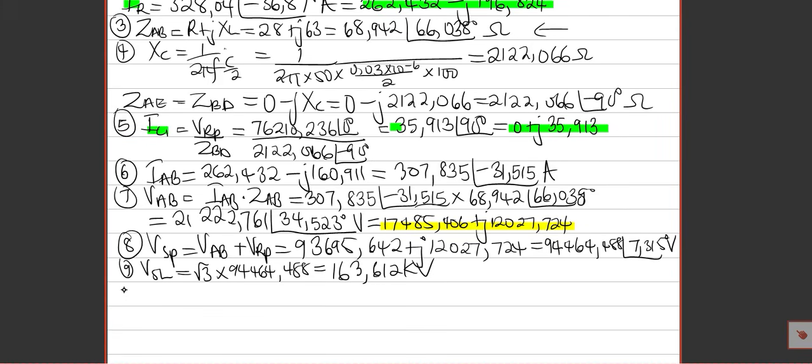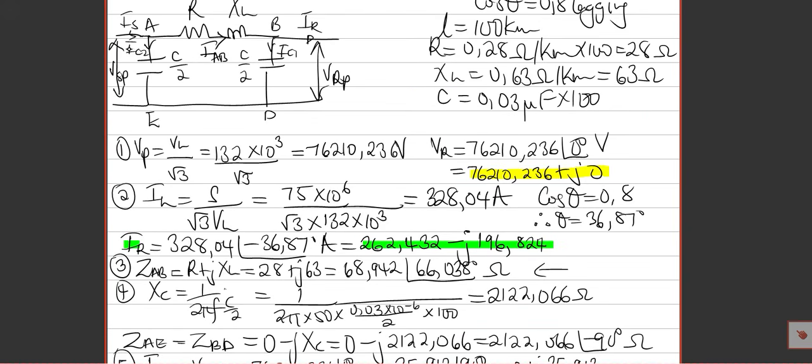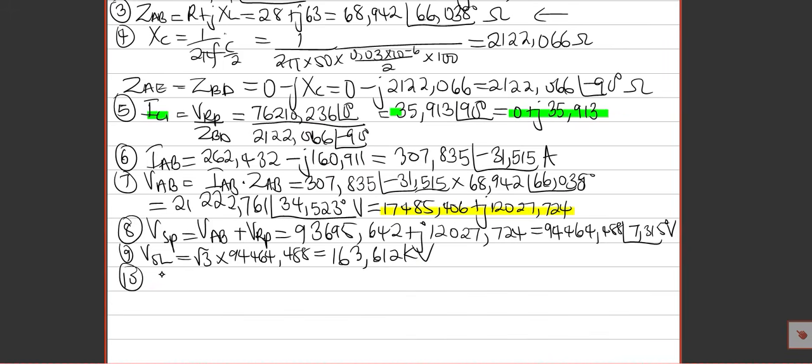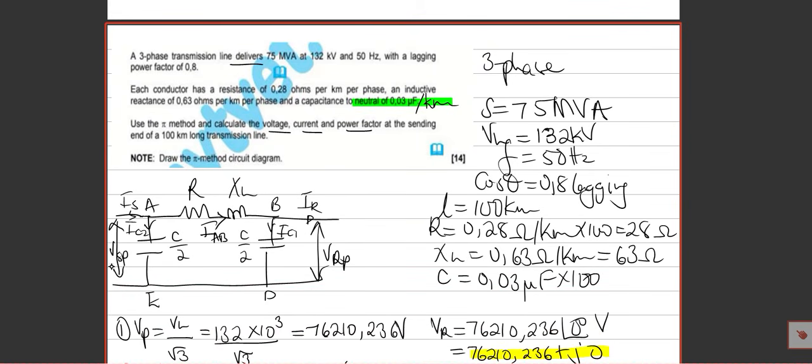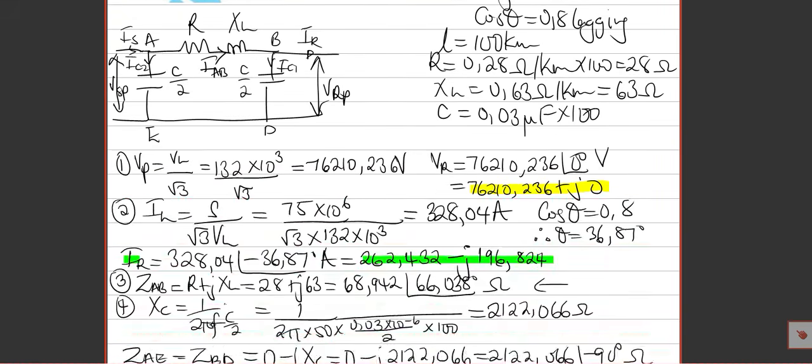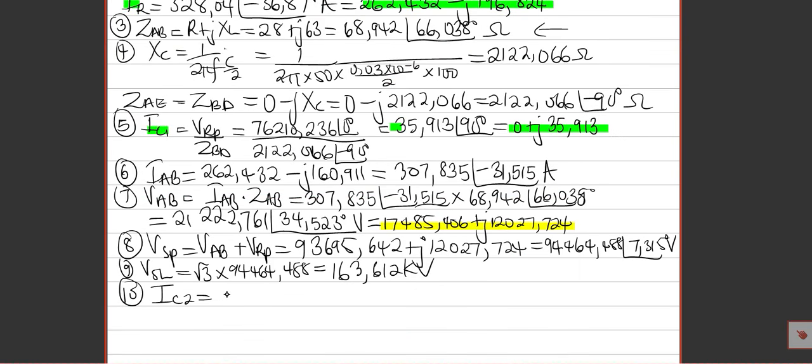And yeah, number 10. This time you're working towards finding IS. You need to find IC2 quickly. To find your IC2, you're saying IC2 equals the voltage in front of this circuit for AE, so VS phase divided by ZAE.